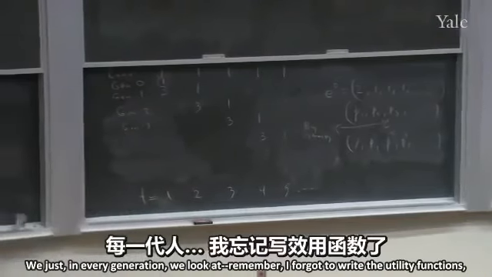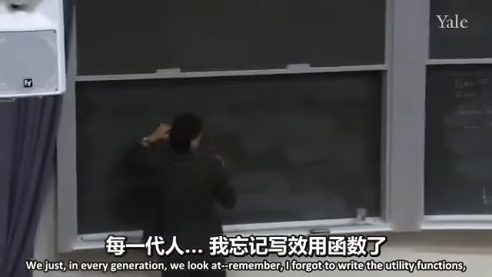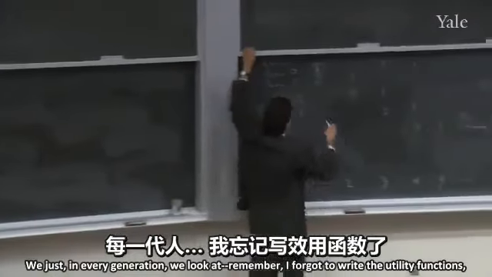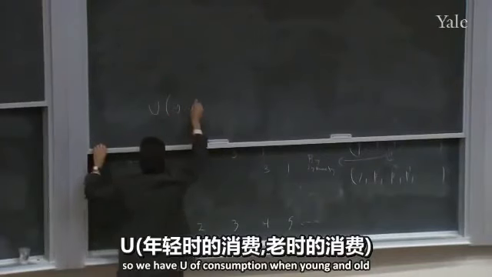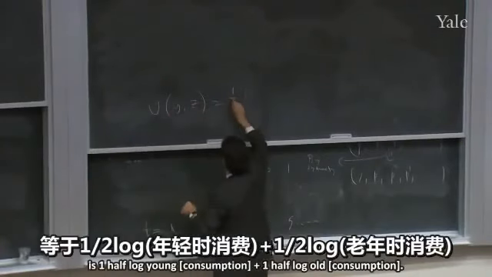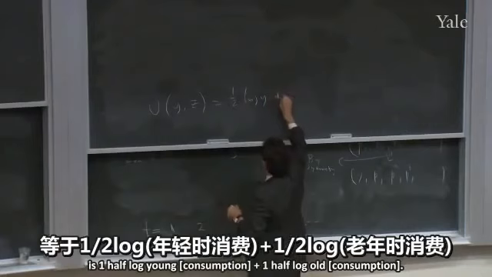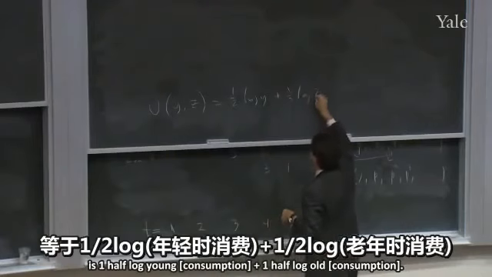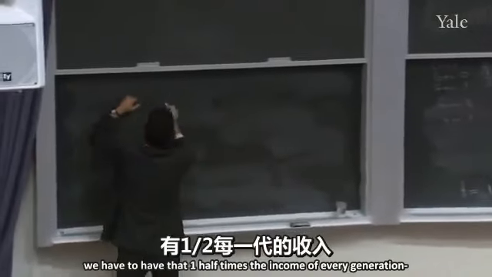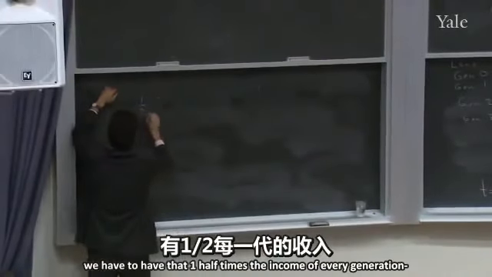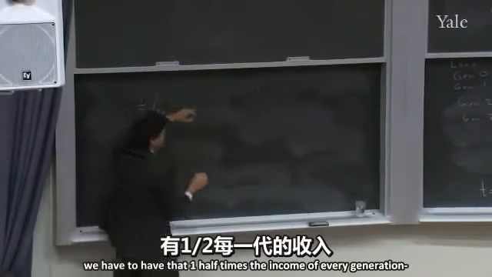In every generation, we look at, and remember I forgot to write the utility functions, so we have U of consumption when young and old is 1/2 log young plus 1/2 log old. So therefore in equilibrium we have to have that 1/2 times the income of every generation.